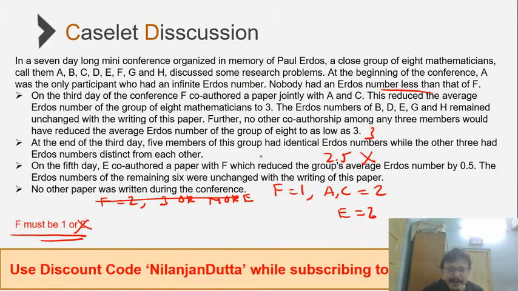But when E quarters with F, the average drops by 0.5, which means our initial total was 3 into 8, that is 24. The final total is 2.5 into 8, that is 20, which means E, which got reduced to 2, dropped basically from 6 to 2, which is why the overall total reduced by 4, and the overall average reduced by 0.5.